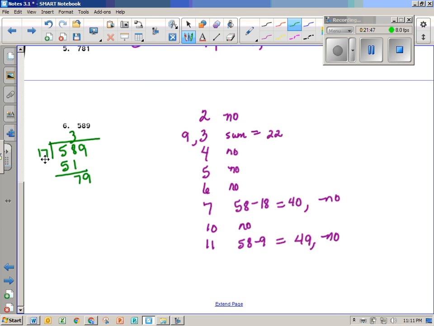I know 17 times 2 is 34. So 17 times 4 is 68. That gives us 11, so 17 is not going to work.